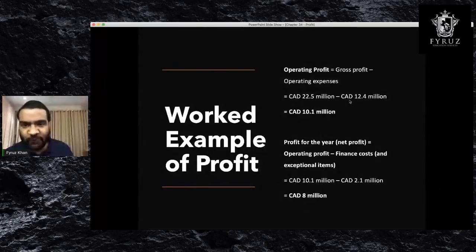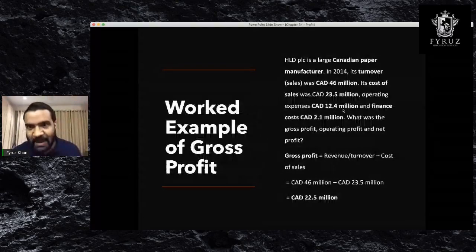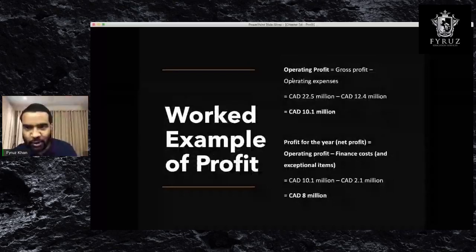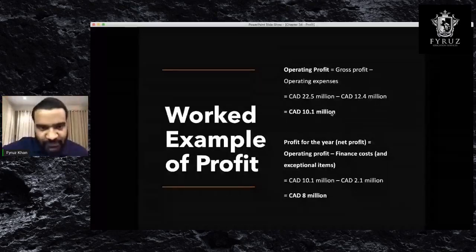You take the gross profit, 22.5 million, minus your operating expenses, which was 12.4 million. You get 10.1 million. That's your operating profit. Okay, so you continue from here. Whatever you've got, gross profit, take that minus operating expenses. Your operating expenses was 12.4 million, and you get 10.1 million, right? Okay, so that's how you find out operating profit.